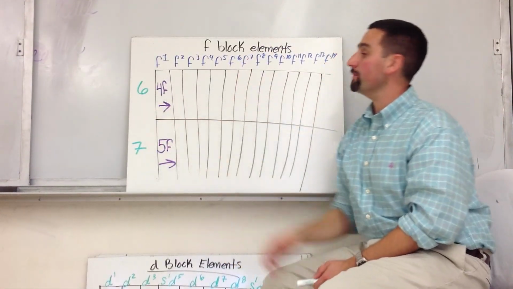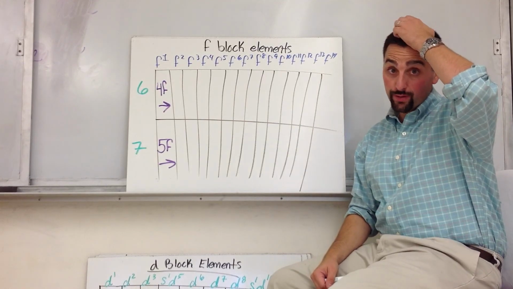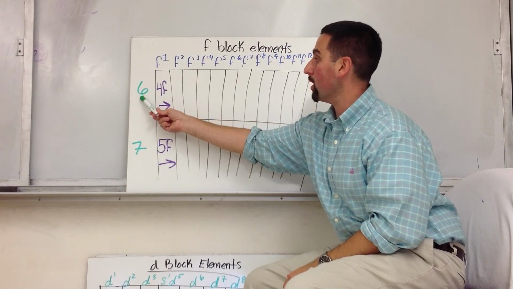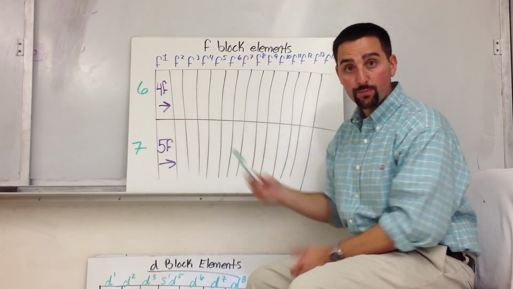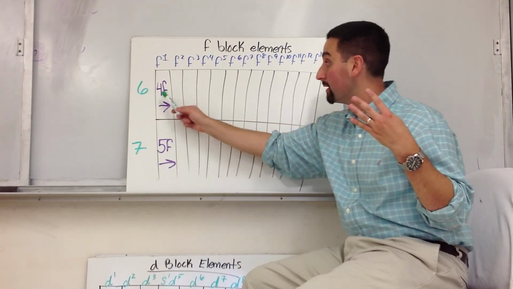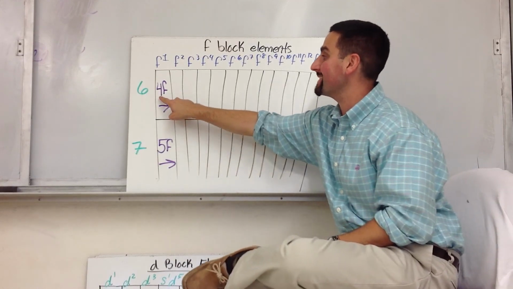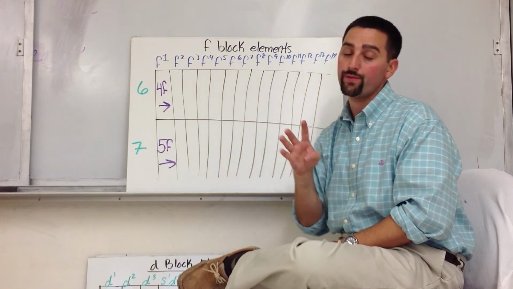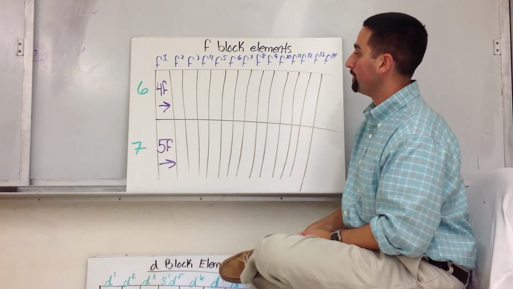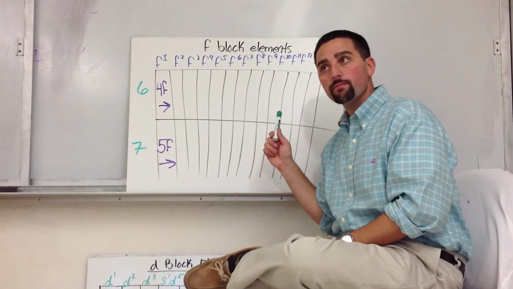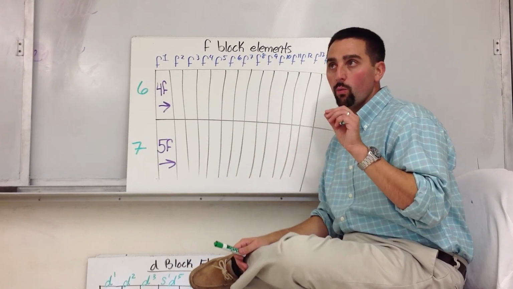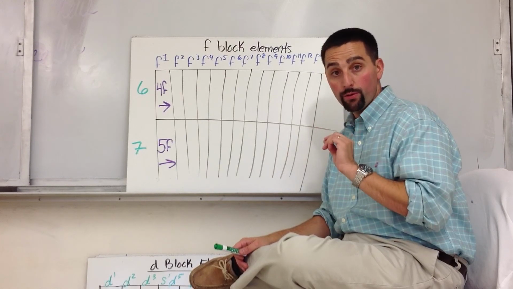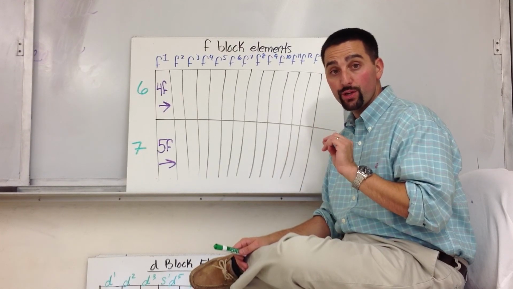And finally, the f blocks, rows 6 and 7. These are called the inner transition metals. Notice we're in the 6th row, but the f subshell starts in the 4th shell. That's why this doesn't say 6f, because the f doesn't start in the 6th shell, it starts in the 4th shell. A little rule of thumb: when you're in the d block, subtract 1 from the row number to find the configuration ending.